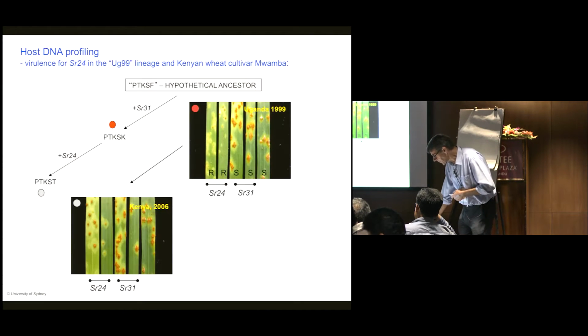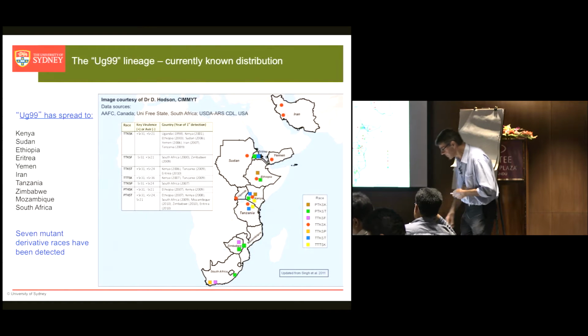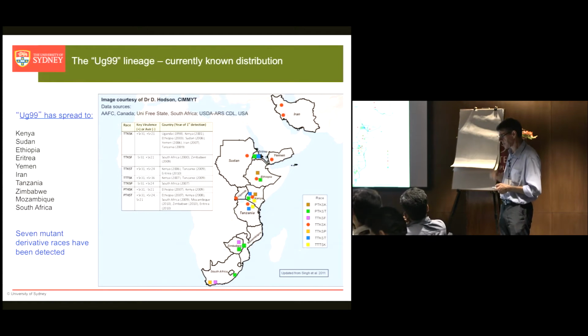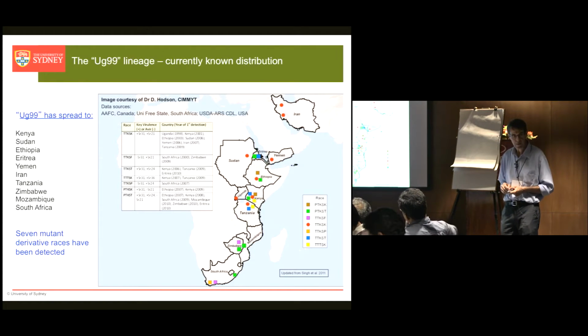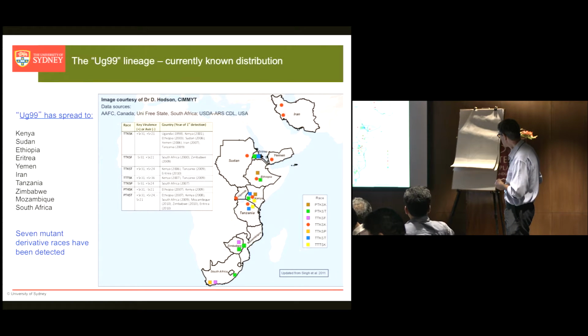One of Dave's diagrams here, again showing 7 mutants, there are now 11, but showing a different coloured dot for each pathotype. So this yellow one here is the, where are we, TTKS, red. This is the original one here, TTKSK.